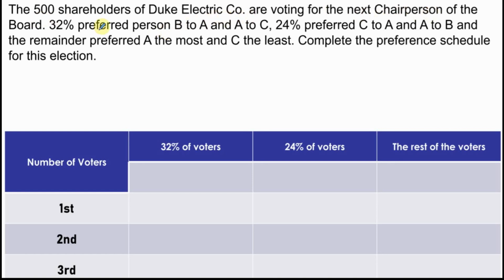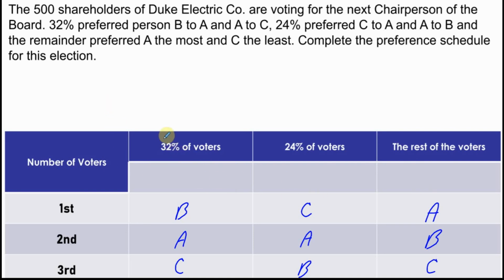They're going to vote for the next chairperson. 32%, that's right here, preferred person B to A, and they preferred person A to C. So these 32% clearly voted B, A, C. The 24%, that's this column here, preferred C to A and A to B. And then the remainder, the rest of the voters, that's this column, preferred A the most and C the least. So A the most, C the least, that would place B in the middle. And then we want to now figure out how many voters voted for each one of these orderings.